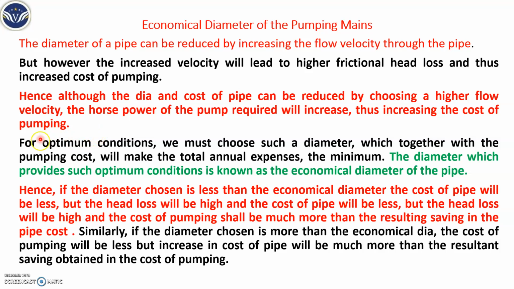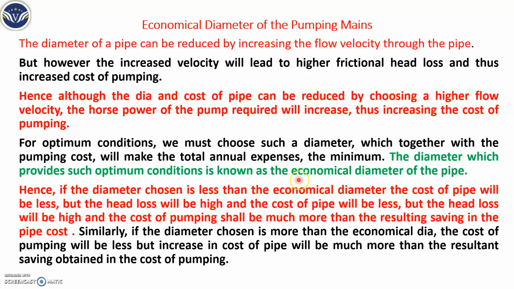Now the word optimum here means that the optimum diameter should be such that together the pumping cost and the annual maintenance, or annual expenditure, should be minimum. So the diameter provided should be in such an optimal condition that you have less expenditure.